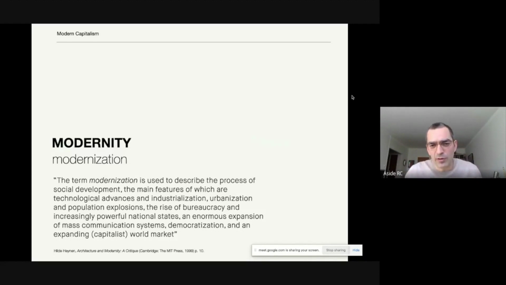The formation of the modern national state is part of this process. An enormous expansion of mass communication systems, democratization, and an expanding capitalist world market. This is what she defines as modernization. So it's really a long-term process, which entails all of these layers or aspects.